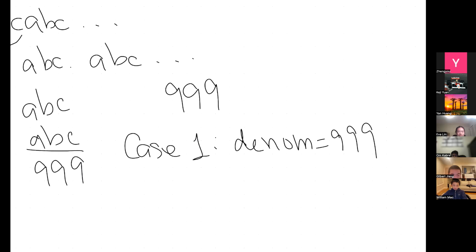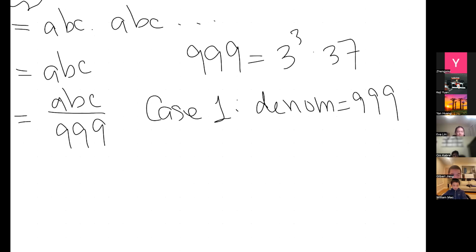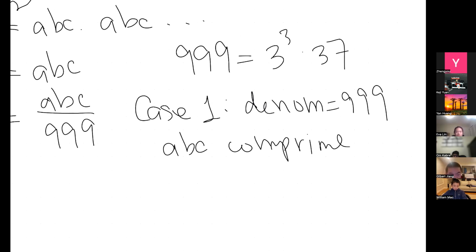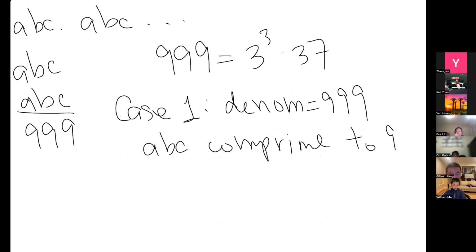It's equal to 3 to the third times 37. Okay, so that means that the numerator, ABC, is co-prime or relatively prime to 999.